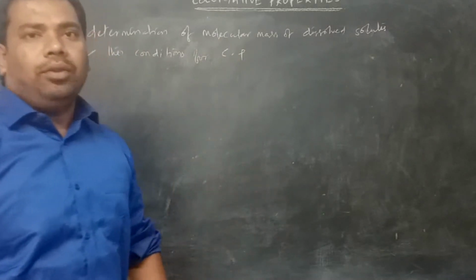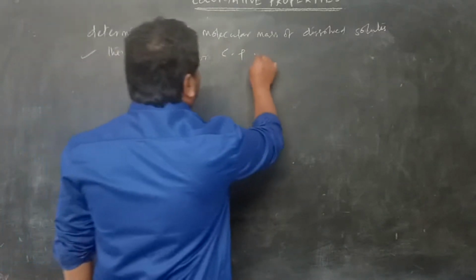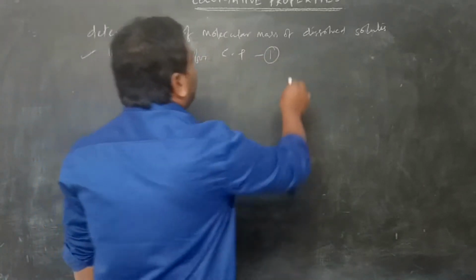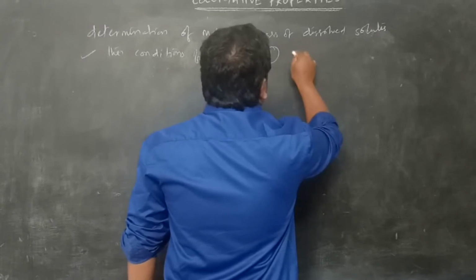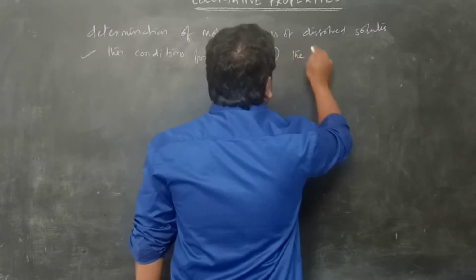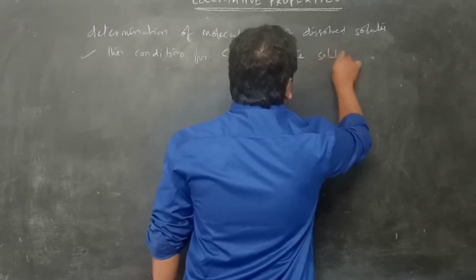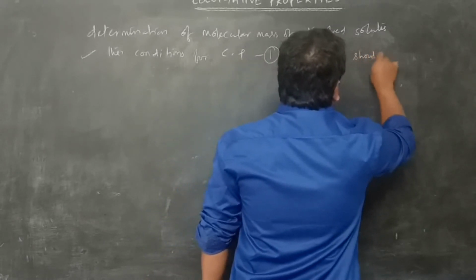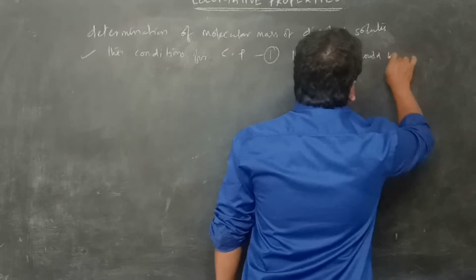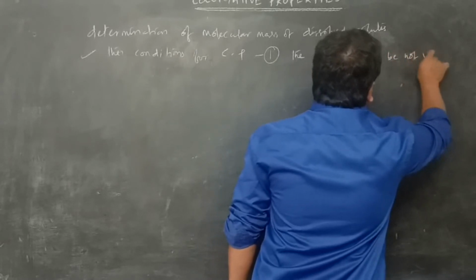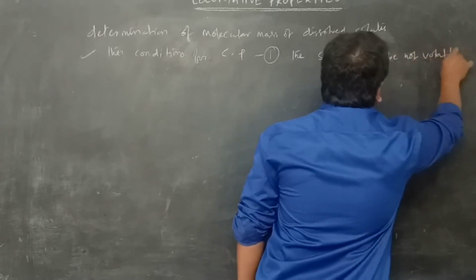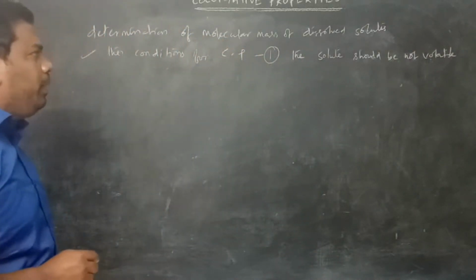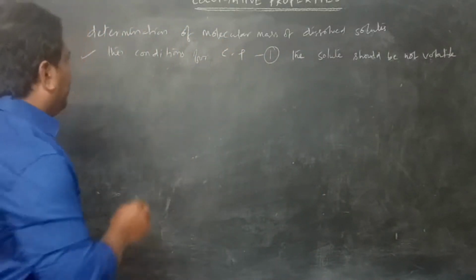CP means colligative properties. The conditions for a colligative property, student: the first condition is that the solute should be non-volatile. That is very, very important.